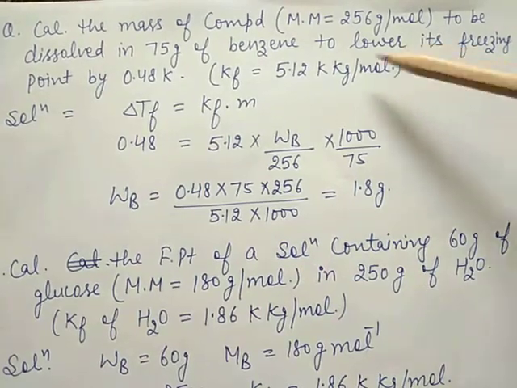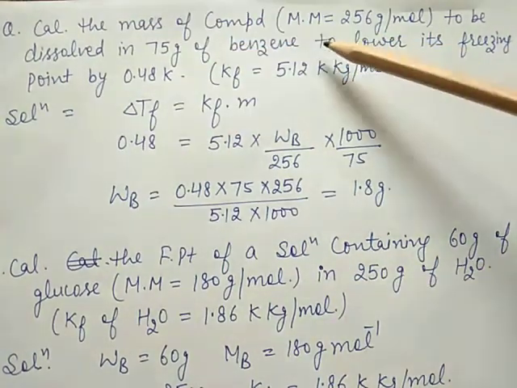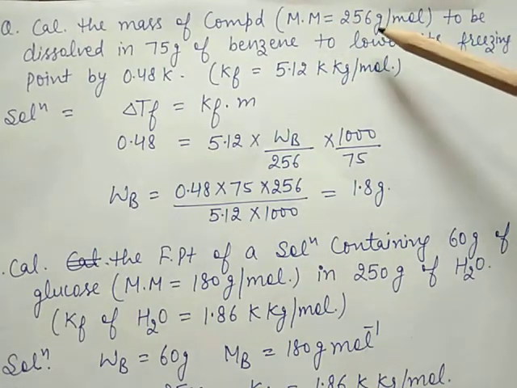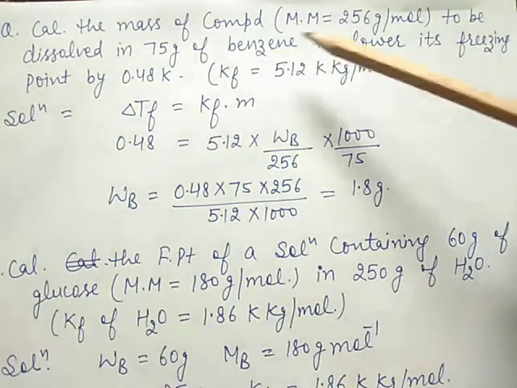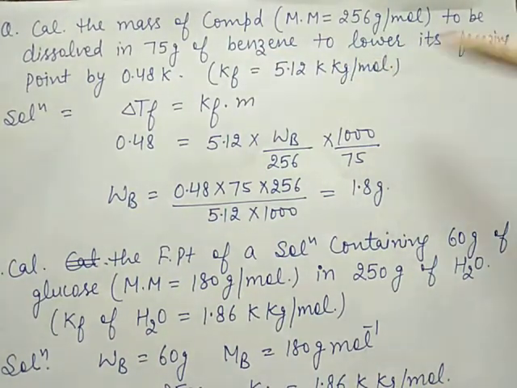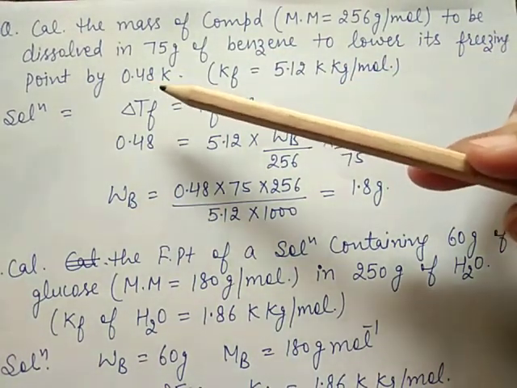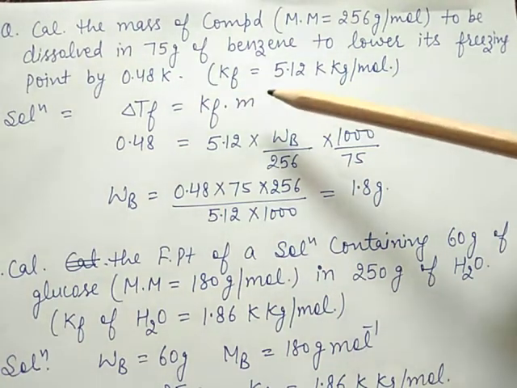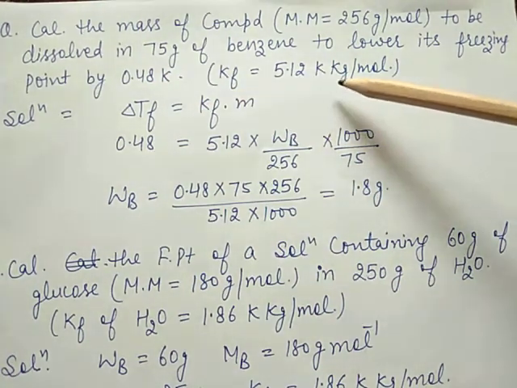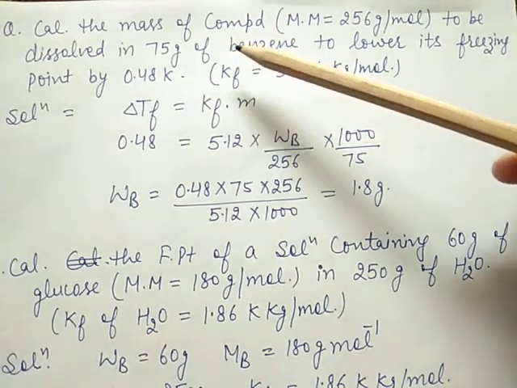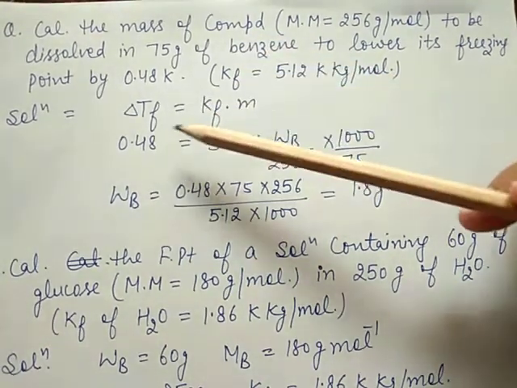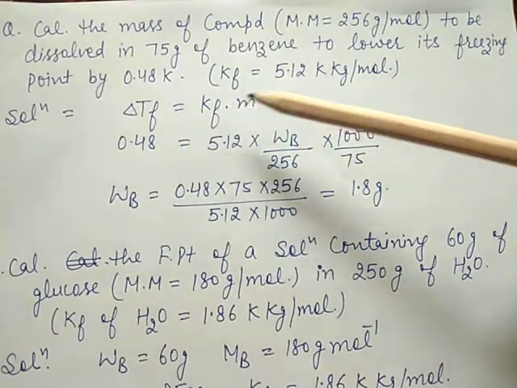Now the next question is, calculate the mass of a compound, molar mass 256 gram per mole, to be dissolved in 75 gram of benzene to lower its freezing point by 0.48 Kelvin. Kf value is given, that is 5.12 Kelvin kg per mole. Here mass we can calculate. Delta Tf is equal to Kf into m.